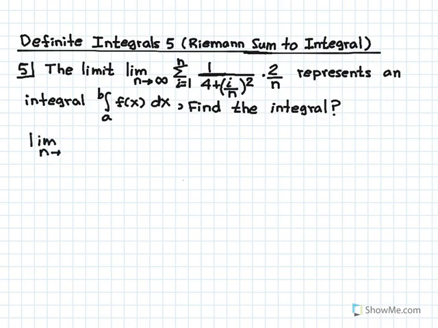Limit as n goes to infinity, i goes from 1 to n, f of xi times (b minus a) over n. This is a right-hand Riemann sum with equal partitions, delta x. This is delta x here.